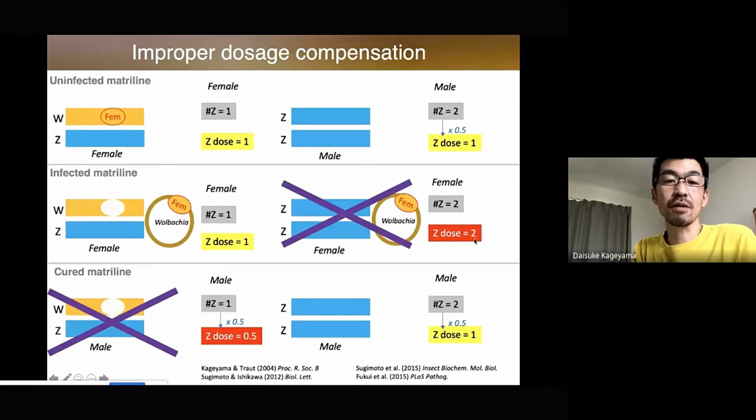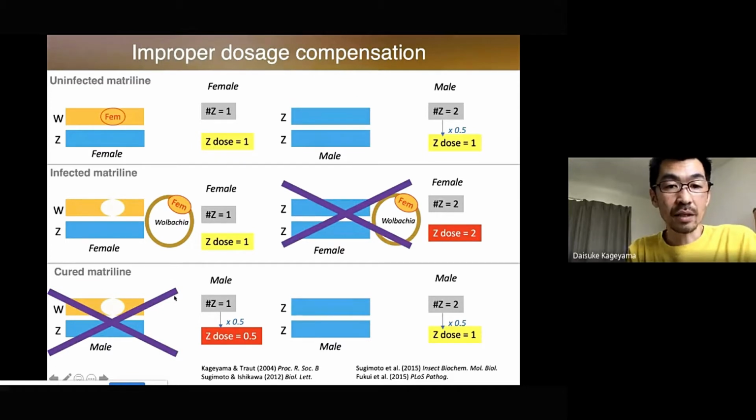But in the case of Wolbachia-infected individuals, they are determined as females, and dosage compensation does not work properly, and their expression is too much and they die. Actually, this was experimentally shown by quantitative PCR and RNA sequencing.